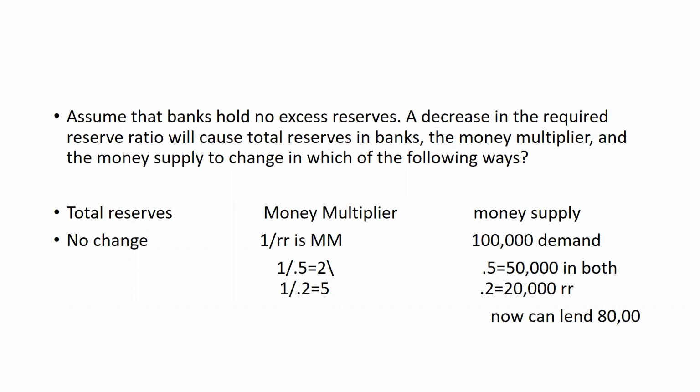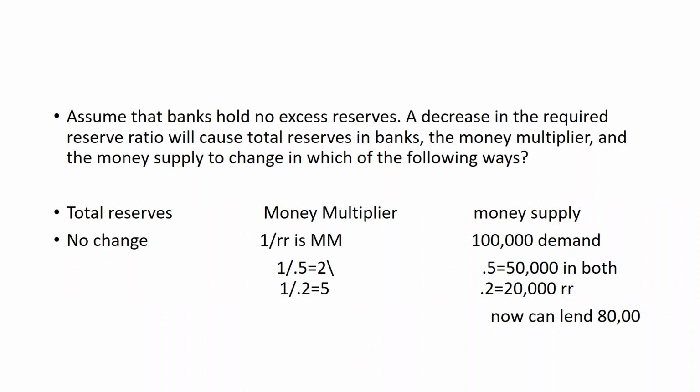So total reserves will stay the same. Now let's look at what it would do to the money multiplier. 1 over the reserve requirement is the money multiplier. So if we did 1 over 0.5, the multiplier would be 2. And then if I lower the reserve requirement to 0.2, the multiplier will be 5. So it would increase the money multiplier.